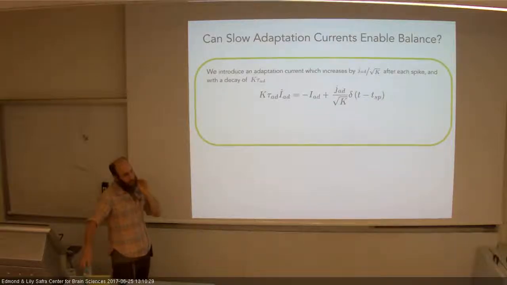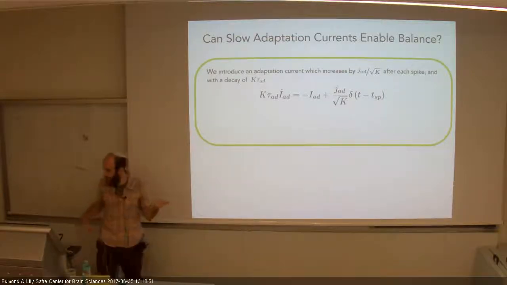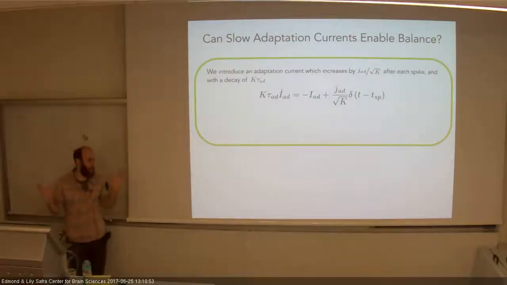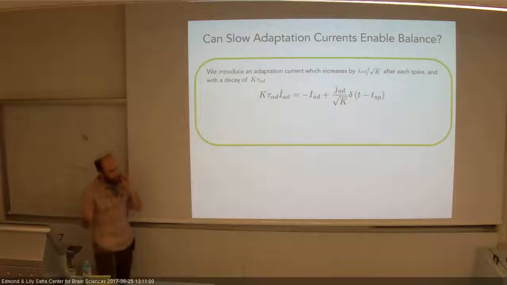If you put in a fixed drive, you're saying adaptation has to be finely tuned, up to the square root of K. Not in our model. In a slice where you disconnect and take it out, no, but you'll see what it does in our model. If you're asking about a slice where there's no network, looking at these equations, it doesn't have to be fine-tuned. That's the order of magnitude.